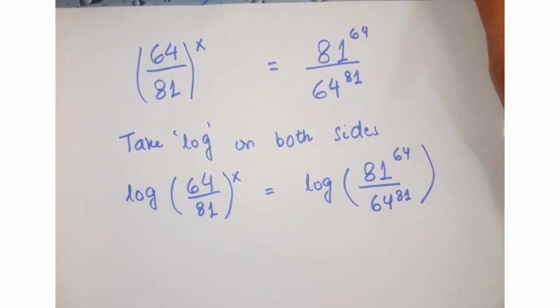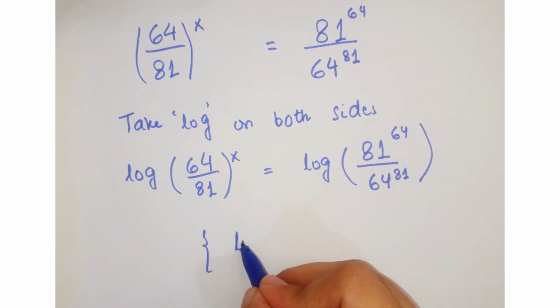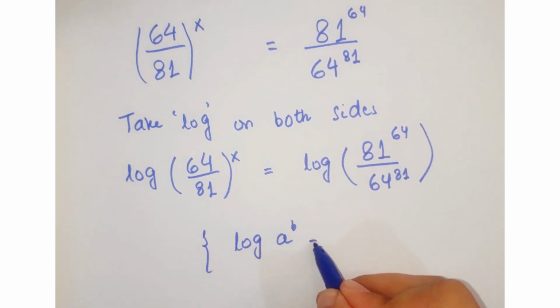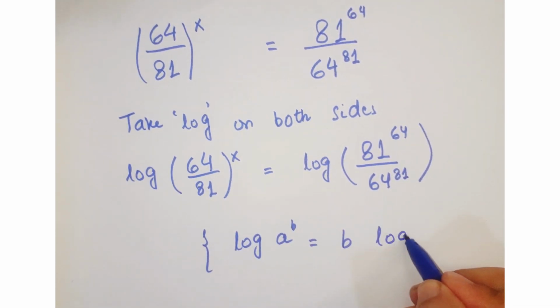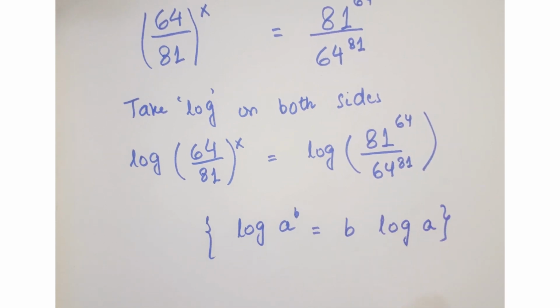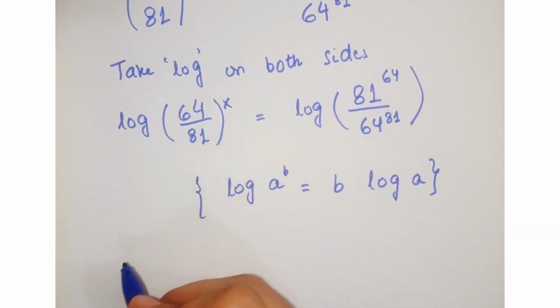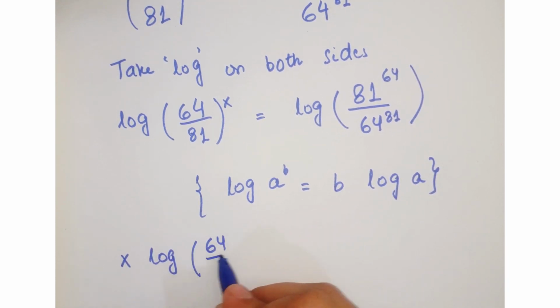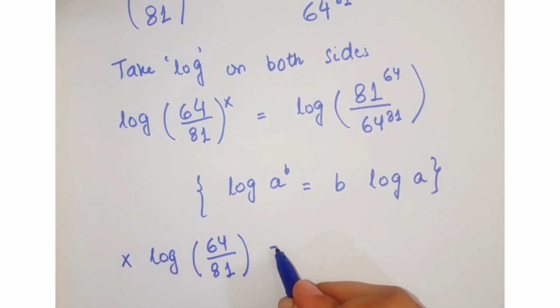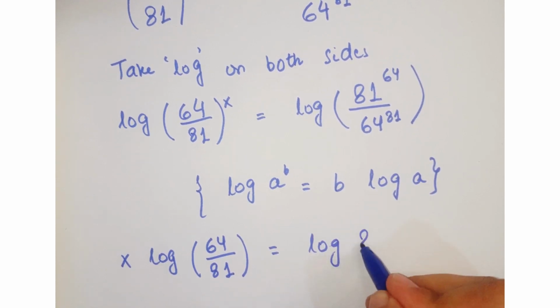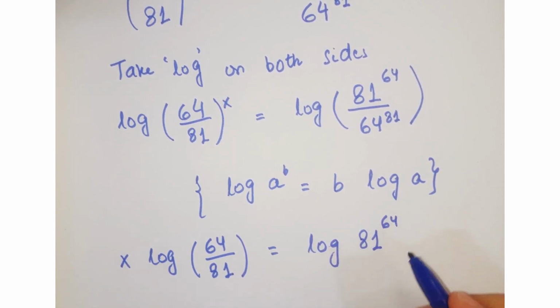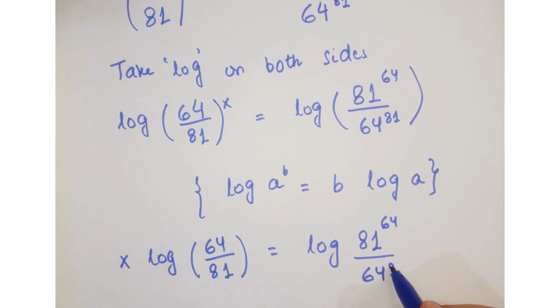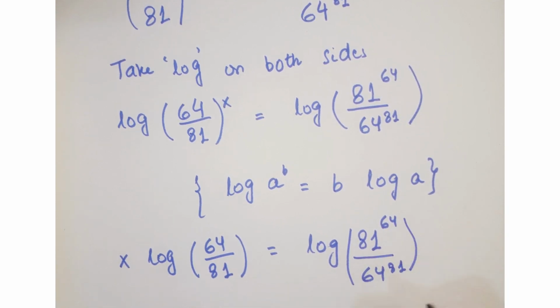Now as you know that log of a to the power b can be written as b log of a. So we can write this as x log of 64 upon 81 is equal to log of 81 to the power 64 upon 64 to the power 81.